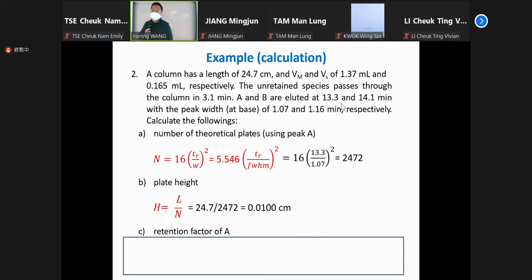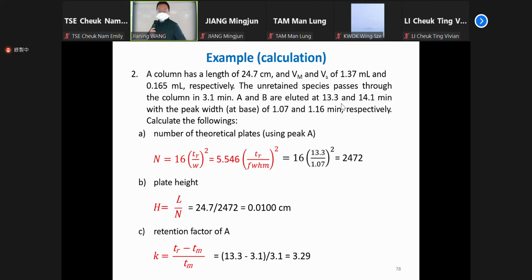So we need to go back to the definition of retention factor, right? Here we just use time to calculate the retention factor.